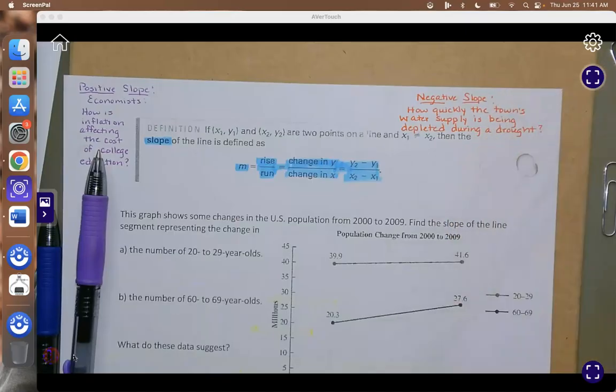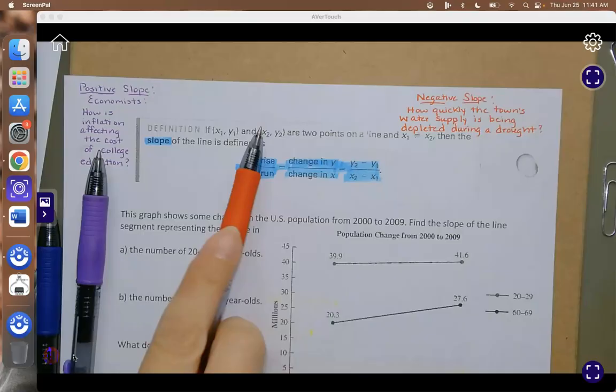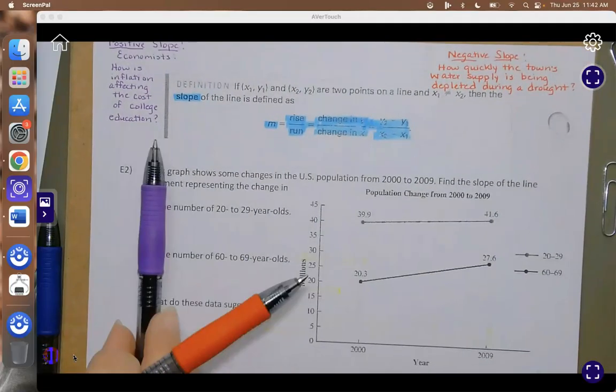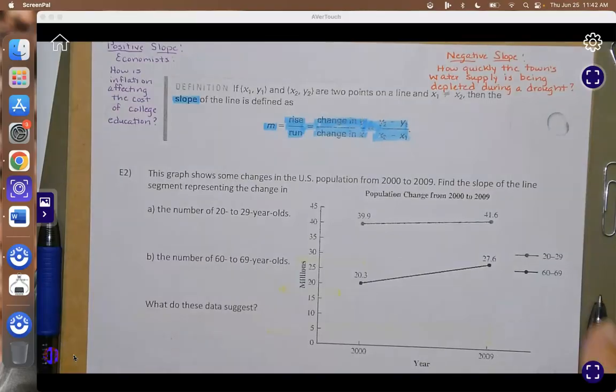Okay, as the drought goes on, there's no rain, so the water supply is going to go down. Okay? Alright, here we go.